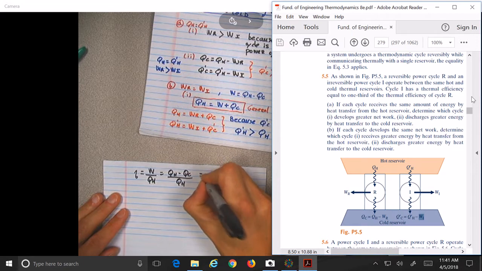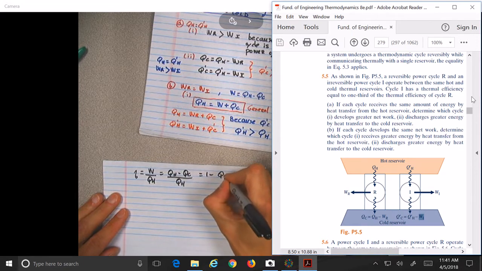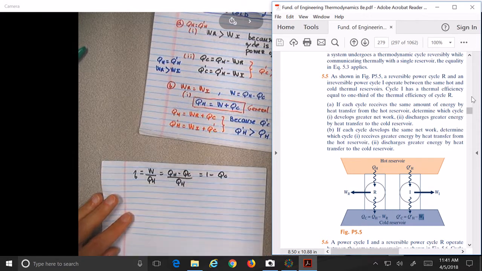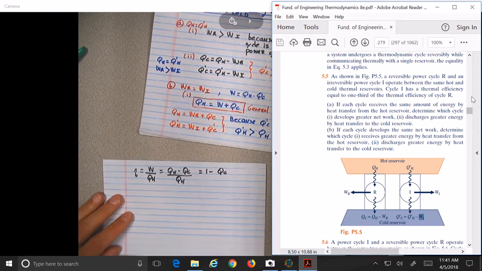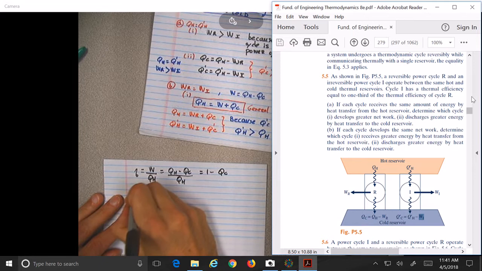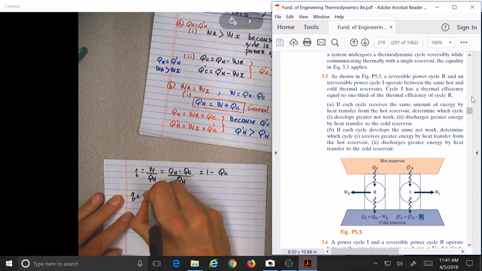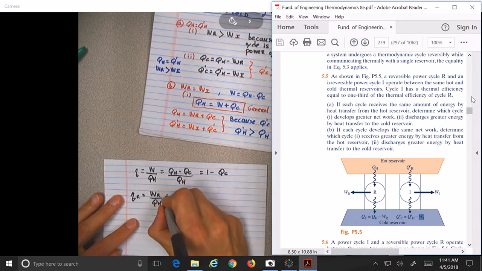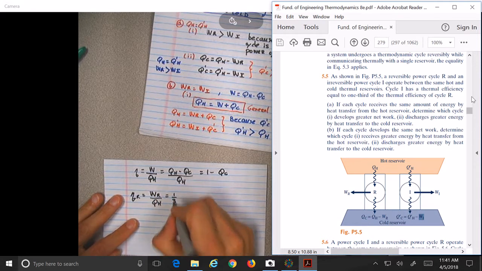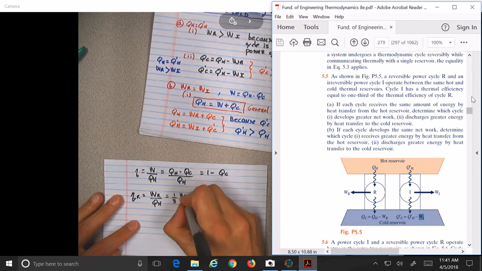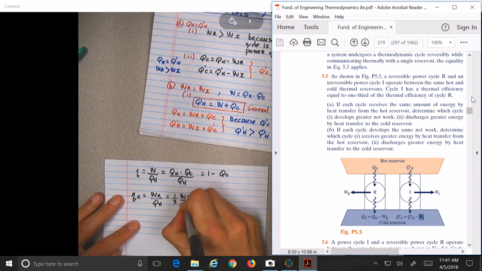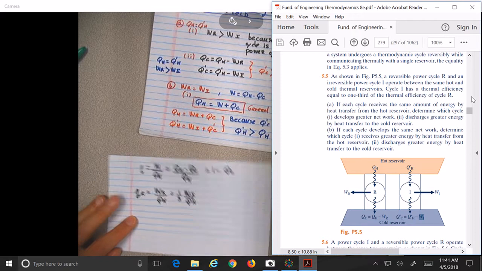So we could say that this is equal to 1 minus Q cold over Q hot. Let's put it this way. I don't know which one we're going to need. So if we say that the reversible is W reversible over QH, and this is equal to 1/3 of the irreversible over Q prime H, no?